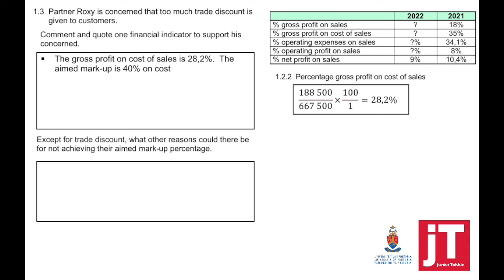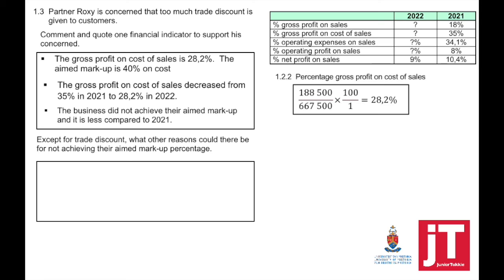So we start with the gross profit on cost of sales is 28.2%. The aimed markup is 40%. The gross profit on cost of sales decreased from 35% to 28.2% in 2022. The business did not achieve their aimed markup and it is less compared to 2021.